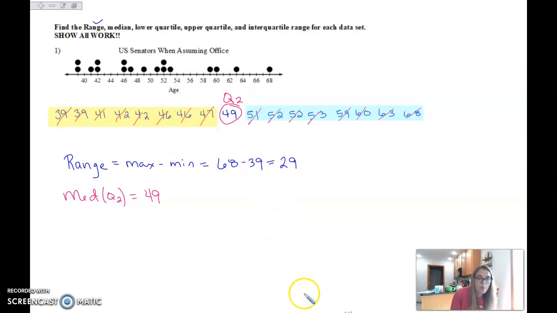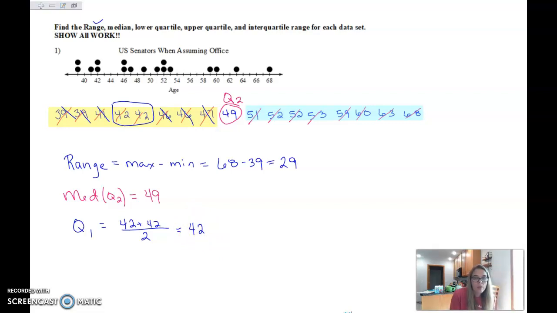So we do the exact same process. 1, 2, 1, 2, 1, 1, and it looks like it's in between these two. To find Q1, you find the average of those, which are both the same number, so it's going to equal that. Add the two together, divide by 2, so Q1 would be 42.